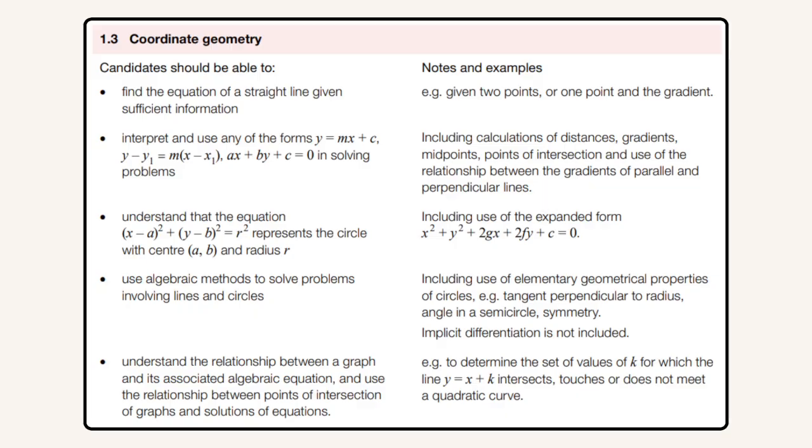The confusing part at times could be what happens to c. So firstly, c is equal to r square plus a square plus b square, or r square plus g square plus f square.